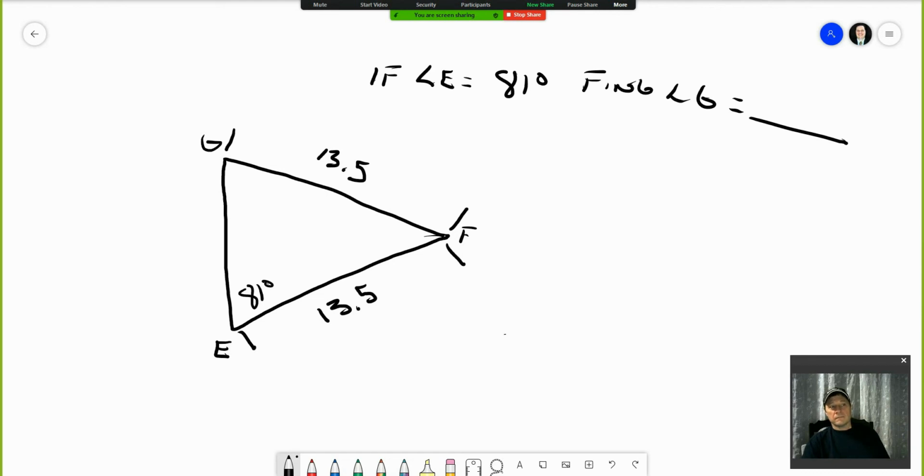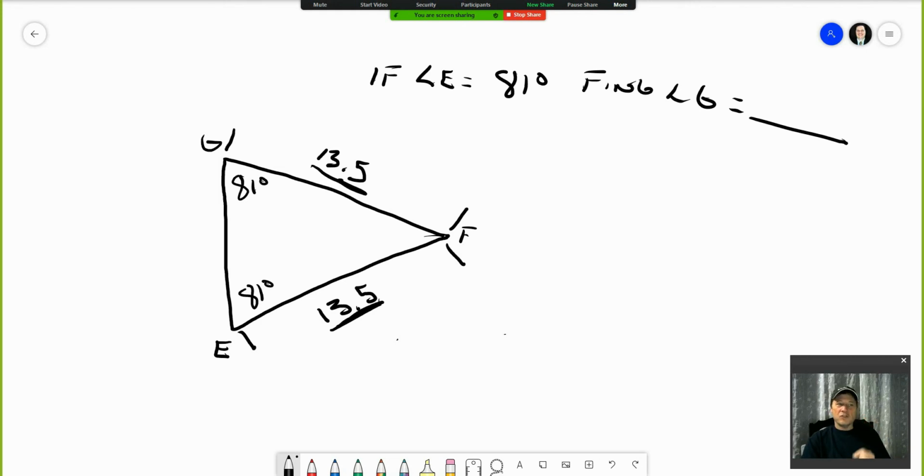Yeah, this is an isosceles triangle. It's isosceles because the length of this leg and the length of this leg, GF and EF, are the same lengths. If they are, then you know that the base angles also have to be the same. So step one, identify the triangle.